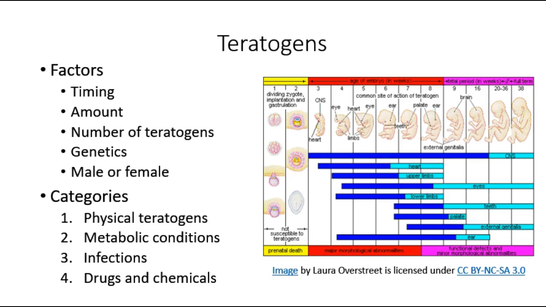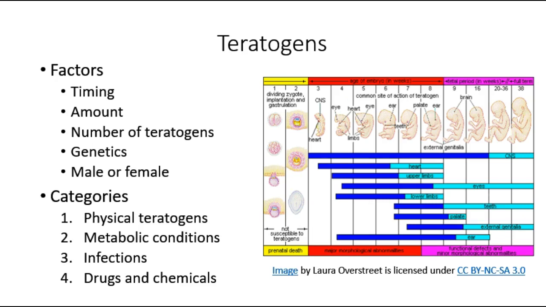The amount of exposure is also really important, as well as the number of teratogens. A fetus might be resilient to one, but if you have 2 or 3 going on, they may not have the same resiliency. Genetics, as we mentioned with the predisposition to pesticides, for instance, plays a role.